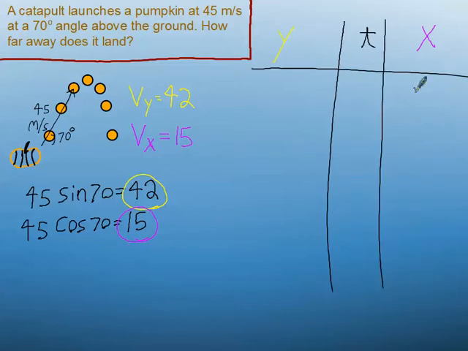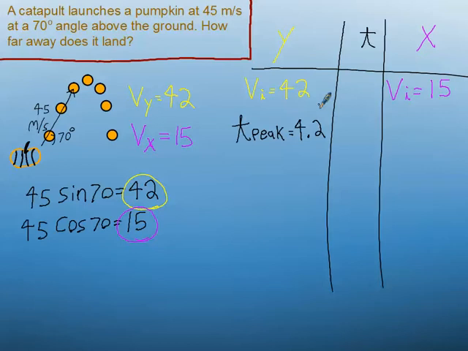Next up, we set up our YTX chart, and we throw in all the information that we know from the problem so far. Now remember, our biggest goal in this problem, the most important step, is solving for time because that's what links everything together. And think back to our trick. If the thing was launched 42 meters per second in the upward direction, and every second it got 10 slower, then how much time did it take to peak?